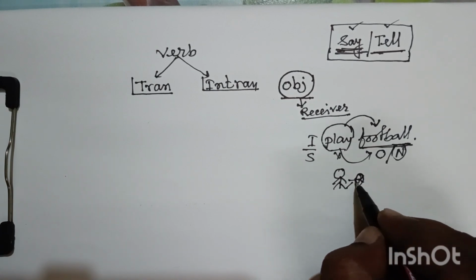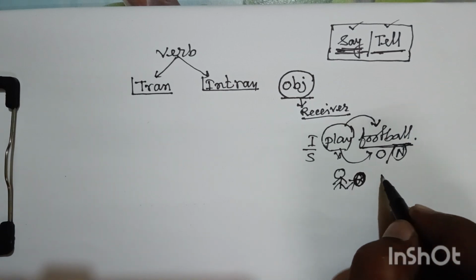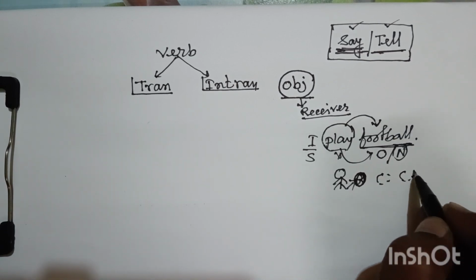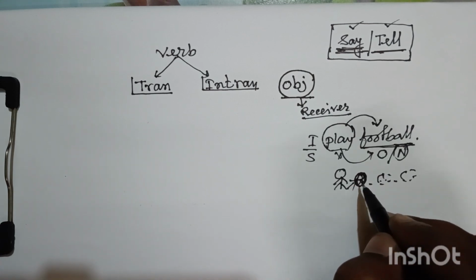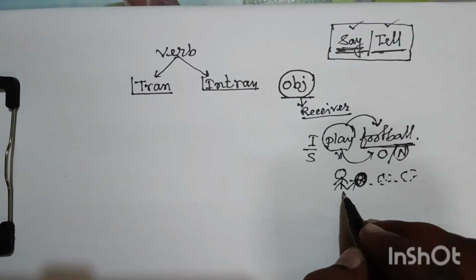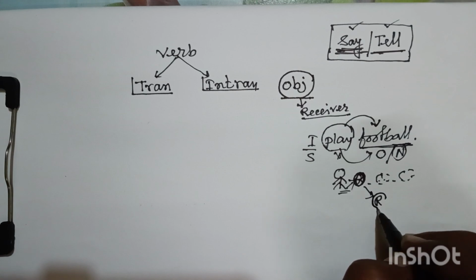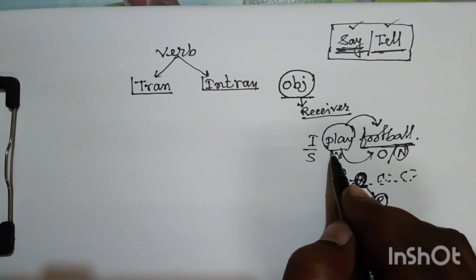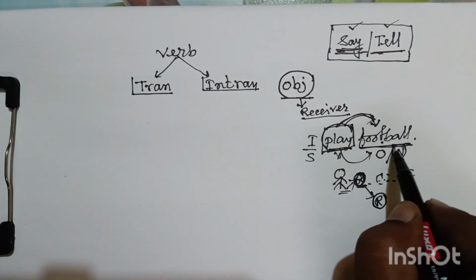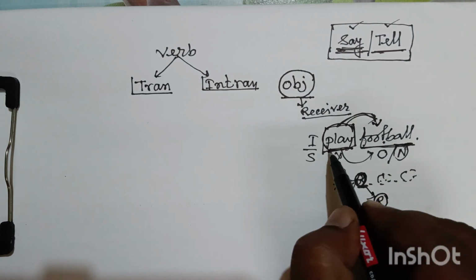If the person kicks the ball, and the ball does not receive this action, it cannot move on its own. First of all, the ball has to receive this kick. That is why it became the receiver. As it became the receiver, we can call this football the object of this action.